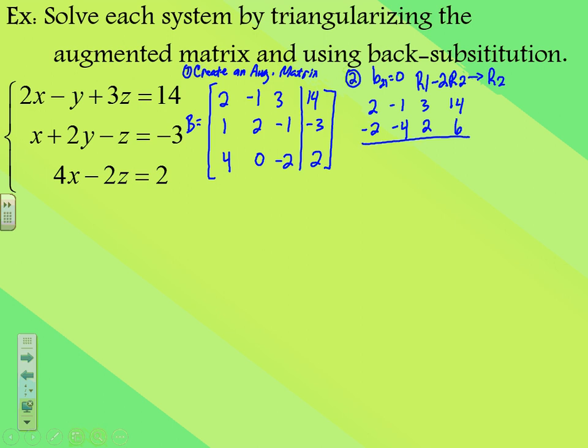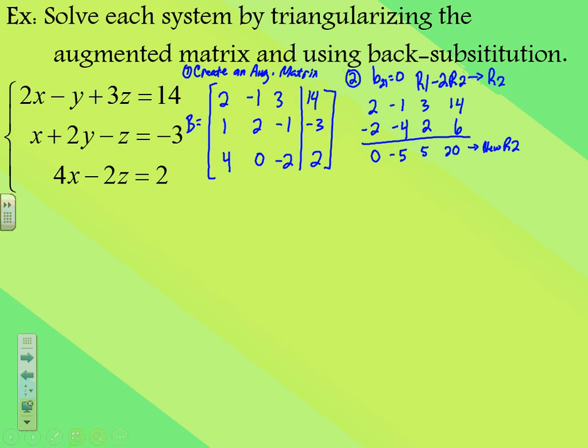And we're going to just combine these column to column. So the 2's in the far left column produce a 0 when you combine them. Then we get a negative 5, a positive 5, and a 20. So this becomes my new row 2. So after we perform a row operation, you have to rewrite the matrix.